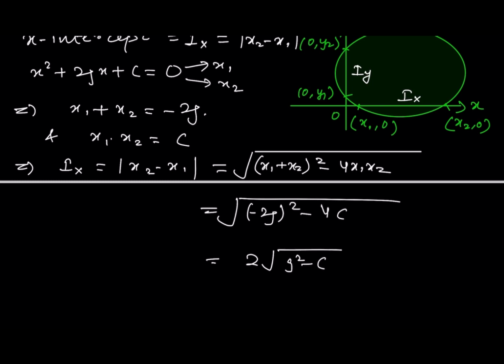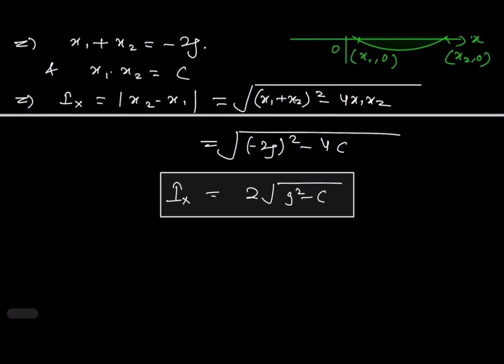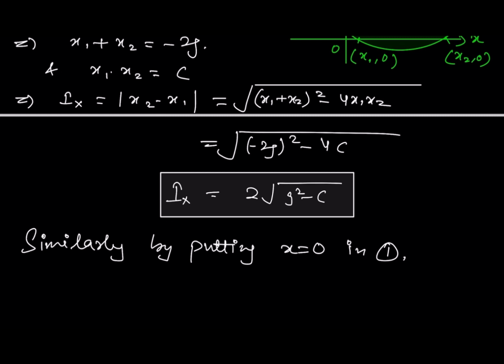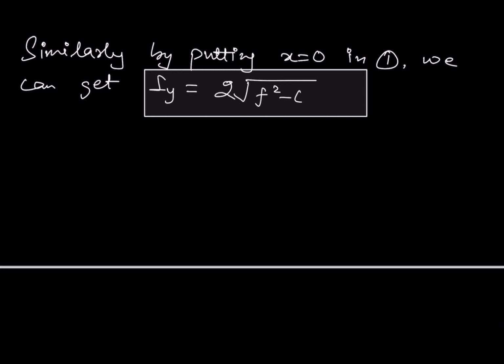This is Ix. Similarly, by putting x is equal to 0 in 1, we can get Iy is equal to 2 root over f square minus c. Now let us make some notable points.